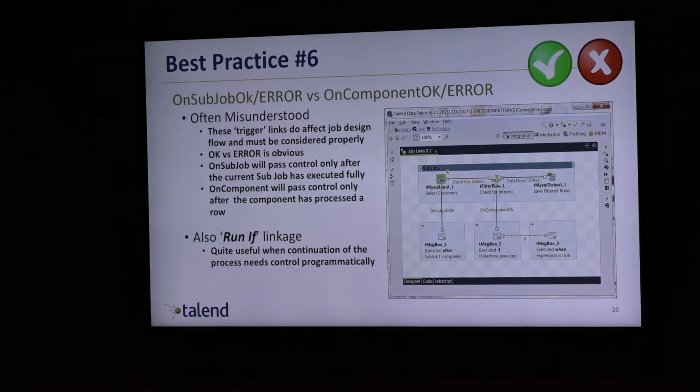They were simply because they put all this in one sub job, right? So you will get that error if you have a lot of components in one single sub job. It's not a Talend error, it's really that Java cannot parse more than the code that you're giving, right? It's not really a Talend problem.